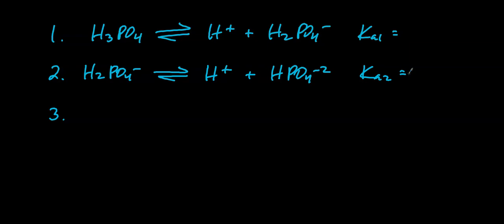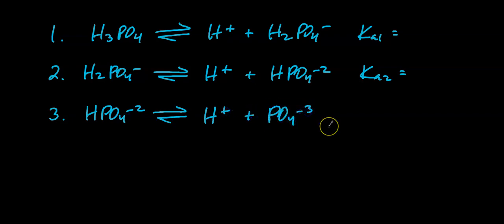Ka2 is much smaller, and there's some significance to that, as we'll mention in just a bit. And lastly, HPO4 2 minus can also ionize, forming more H plus ions, and this time some phosphate ions. Once again, Ka3 is much smaller than Ka2.